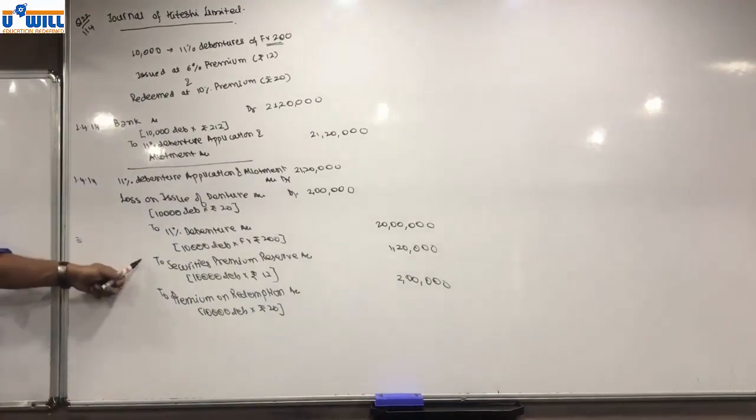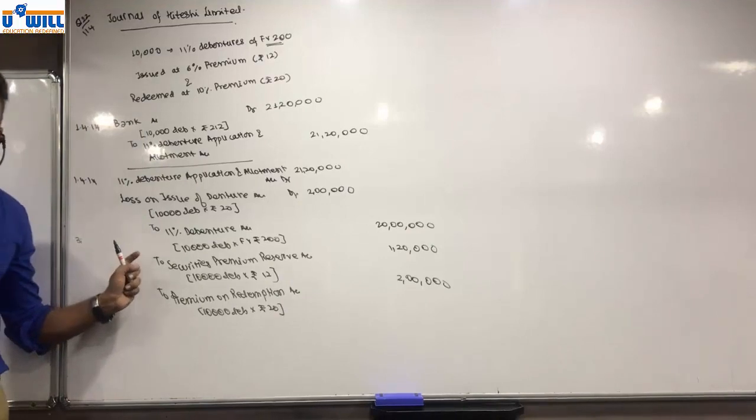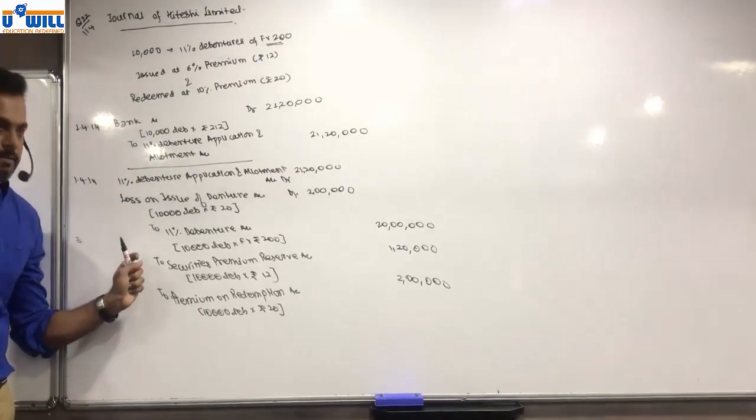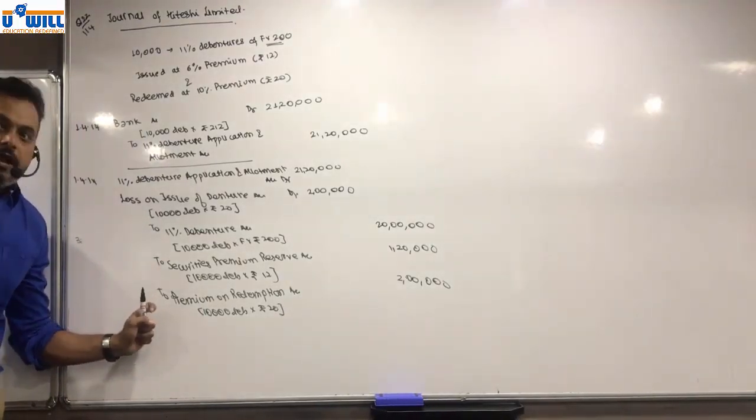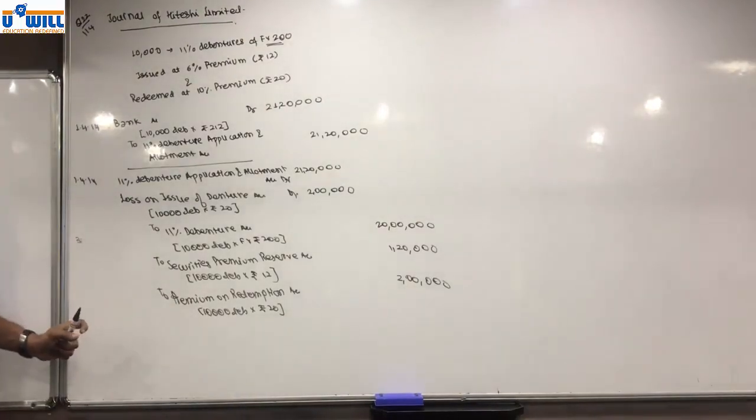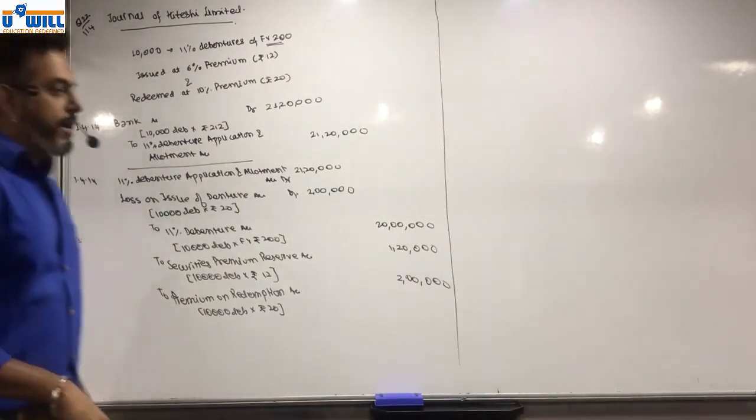Now what's the difference between these two? Securities premium reserve account is our income, capital profit, and this is our liability. Understood this? Okay. What's the next date?